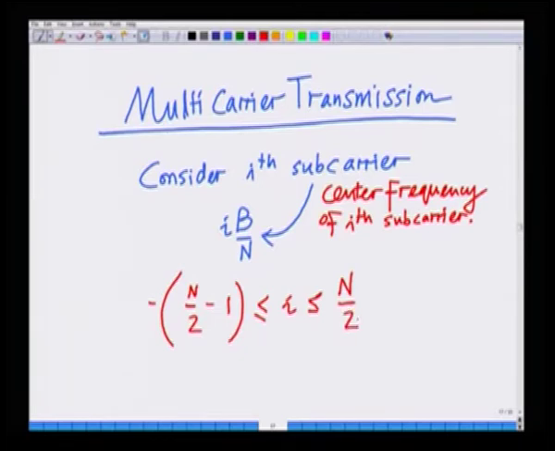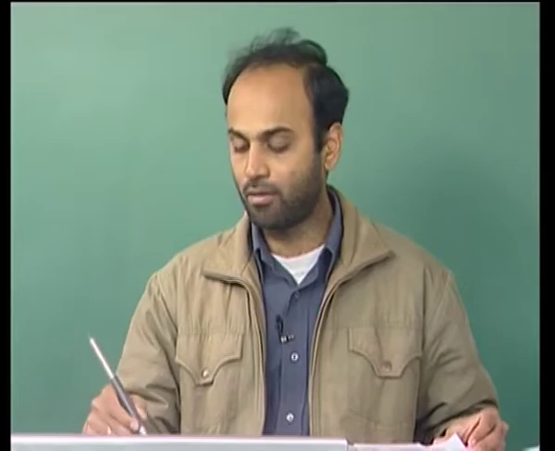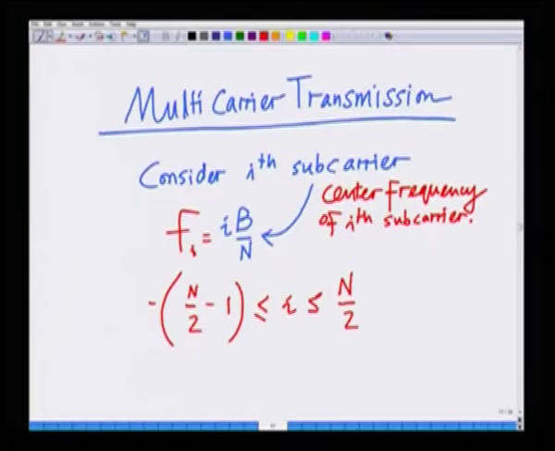All right. So, we are transmitting the ith subcarrier. In fact, I am going to denote this by f of I. So, f of I, which is the ith subcarrier, has a bandwidth of B over n, and it is centered at I times B over n, where the index I has this range as given below.